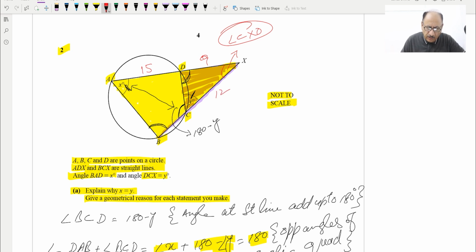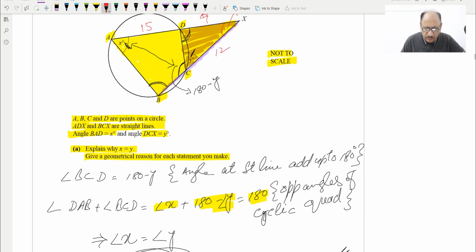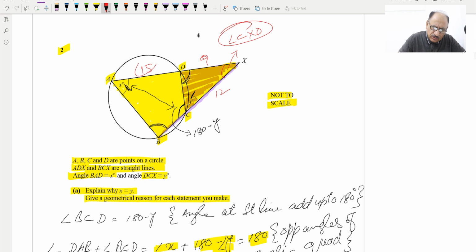So we can apply the theorem by which this multiplied by this. I can just write here 9 plus 15, the total.